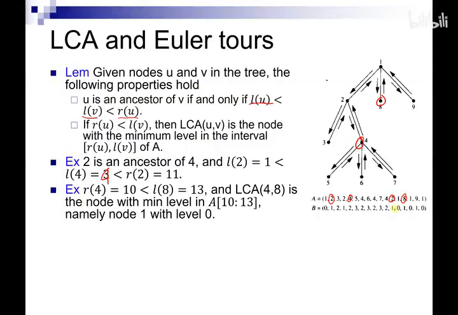So in that case, the LCA of 4 and 8 is going to be the node with the minimum level in this range from 10 to 13. The range from 10 to 13 is basically this range over here, and we're looking for the node with the minimum level in this range. That's going to be this node over here, node number 1. So this is saying that the LCA of 4 and 8 is going to be node 1, which has level 0. And indeed, node 1 is the LCA of 4 and 8.